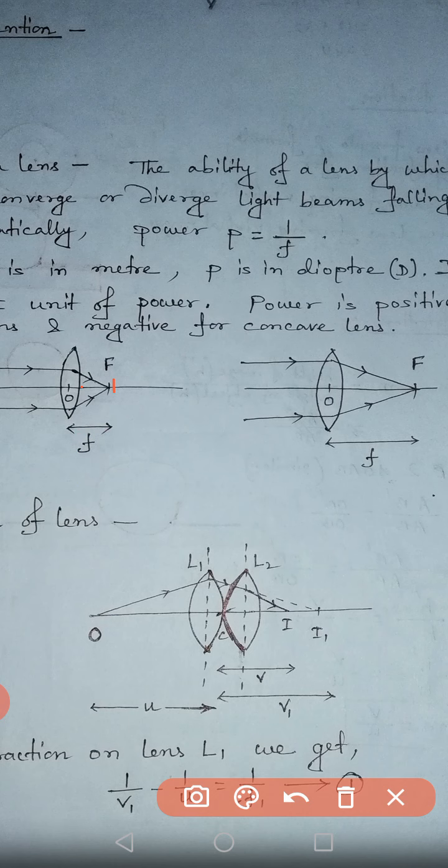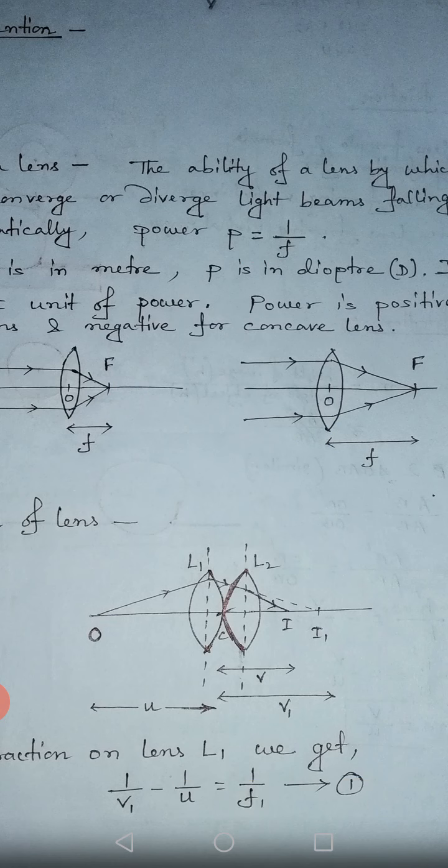In this case the focal length is more, so power will be less, because focal length and power are inversely related. So the power of this lens will be more, in that way also we can say, and the power of this lens is less. From the mathematical formula we can say this, or we can also say that since it converges immediately, its power is more, and since it takes some time to converge, its power is less.